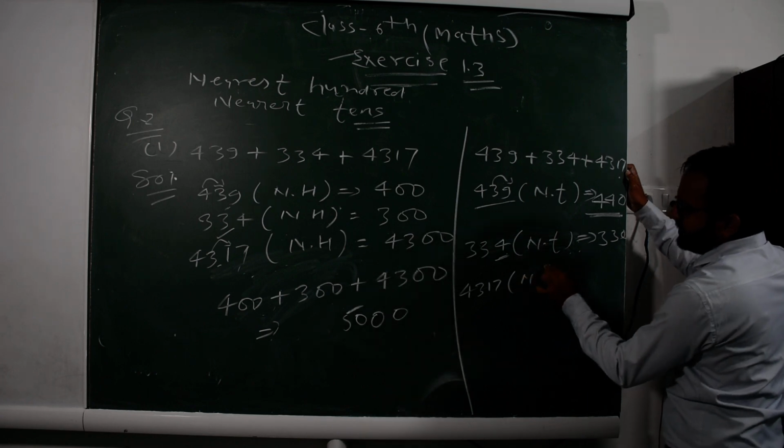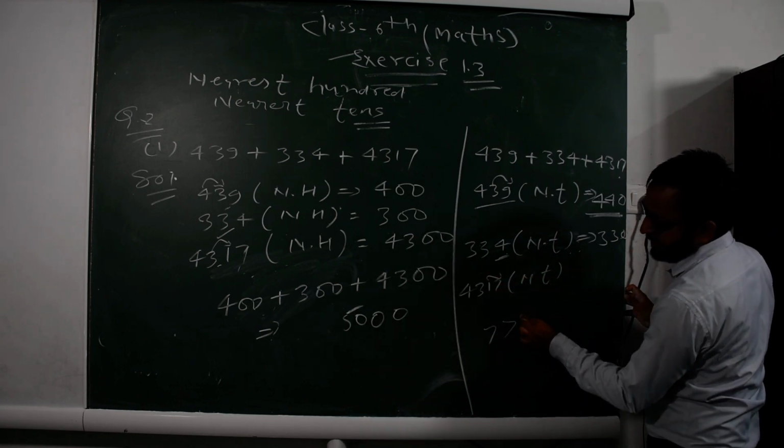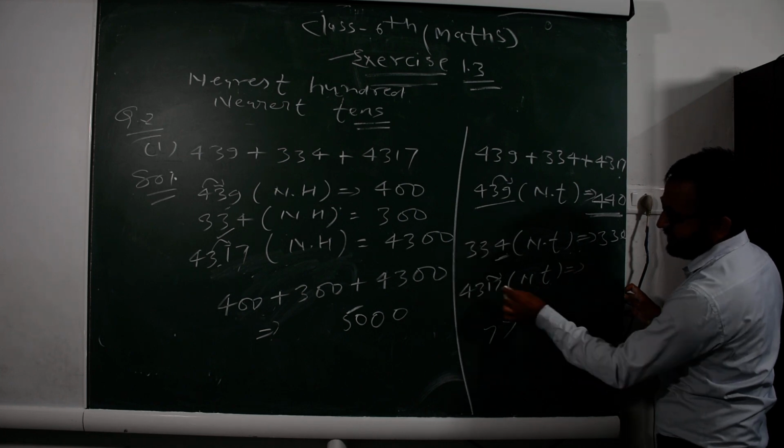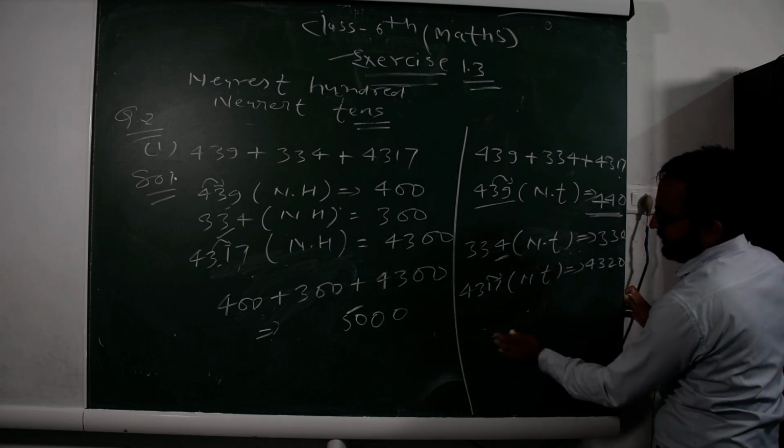Now 4317, nearest tens. 7 is greater than 5, we consider as 10. That means 4320.